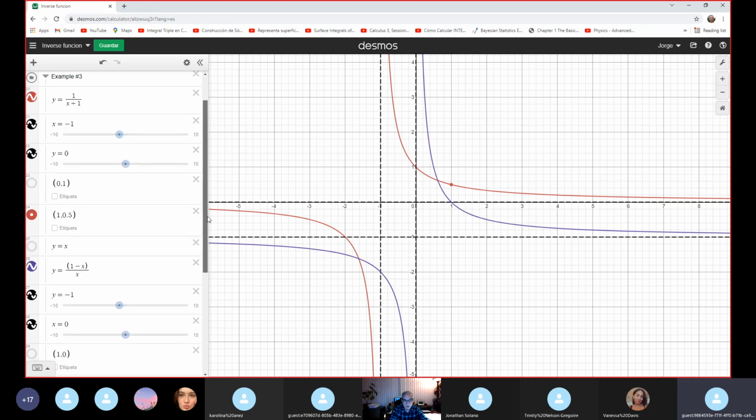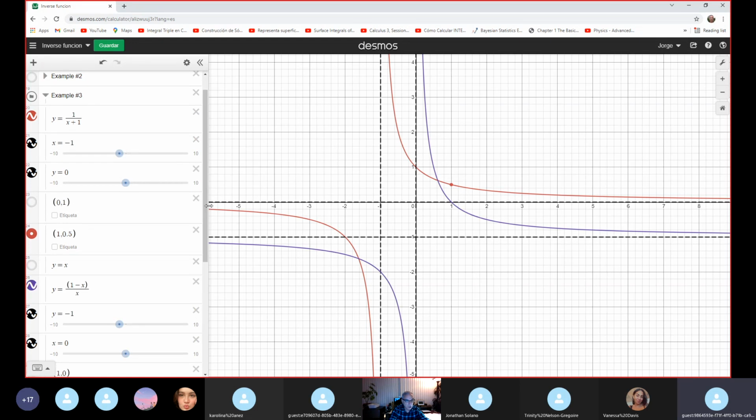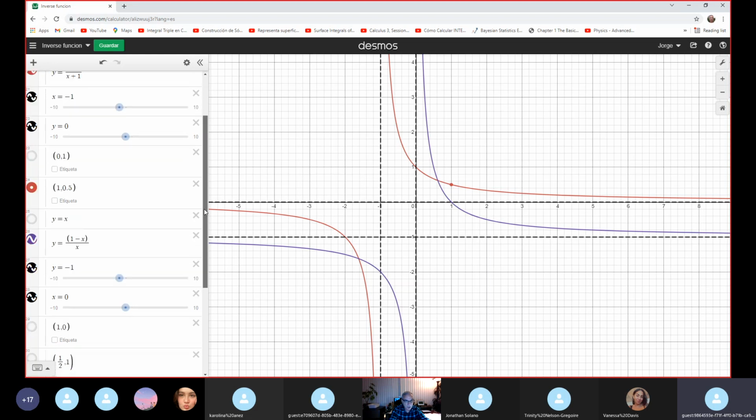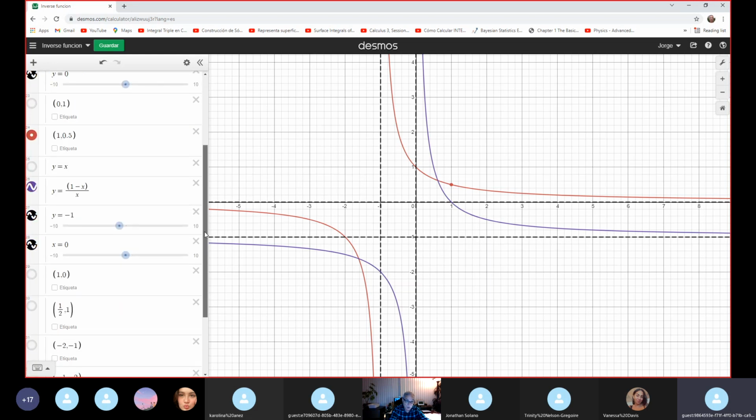Notice, the original function has two asymptotes. This is the vertical for the original, and this is the horizontal for the original. And the inverse function also has two asymptotes: y equals -1 and x equals 0.